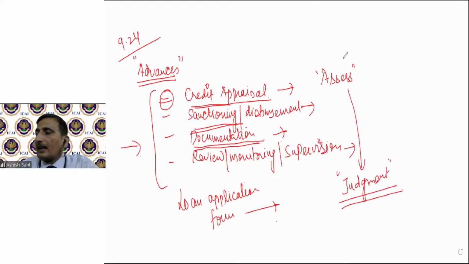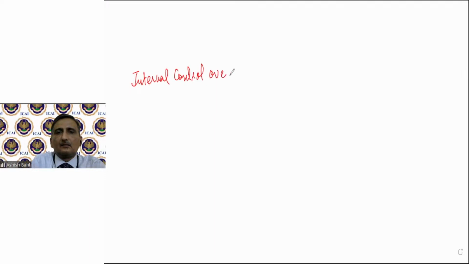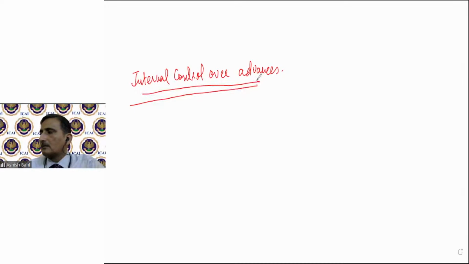So what are the internal controls pertaining to advances? What should be the auditor's area of focus regarding internal control over advances? The auditor would be concerned about what?